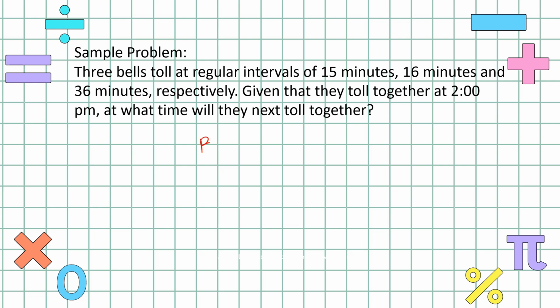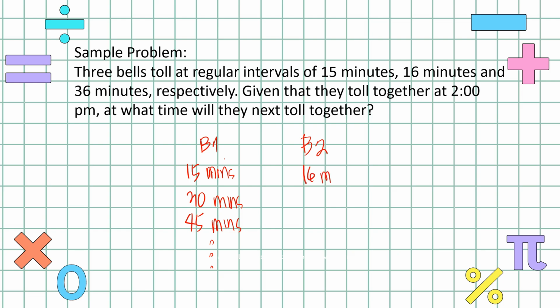So if bell 1 tolls every 15 minutes, that means the next time it will toll would be after 30 minutes, followed by 45 minutes, and so on. So this would be the time interval that bell 1 will toll. For bell 2, it regularly tolls every 16 minutes.